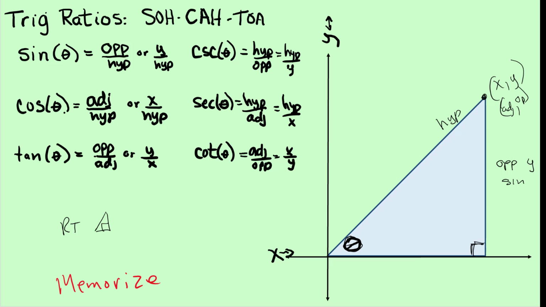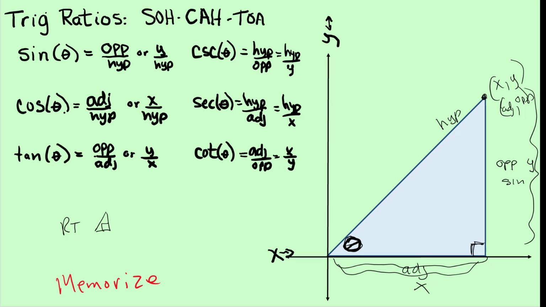This entire side right here, with respect to that theta, is the side adjacent, but this entire length right here is the x length. This entire length is the y length, but it's also the opposite side. And this is the hypotenuse.